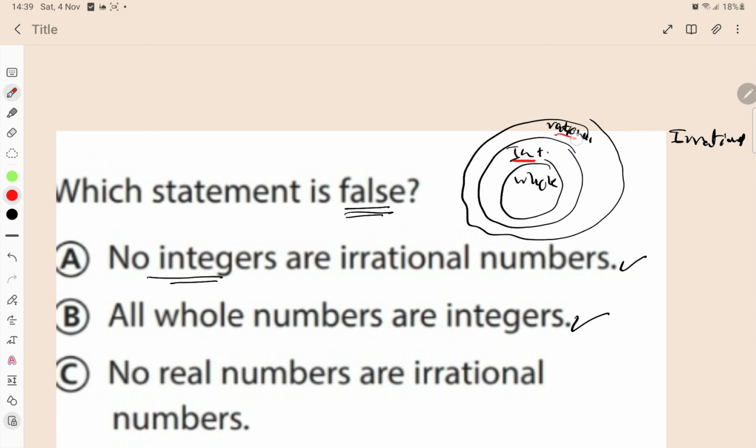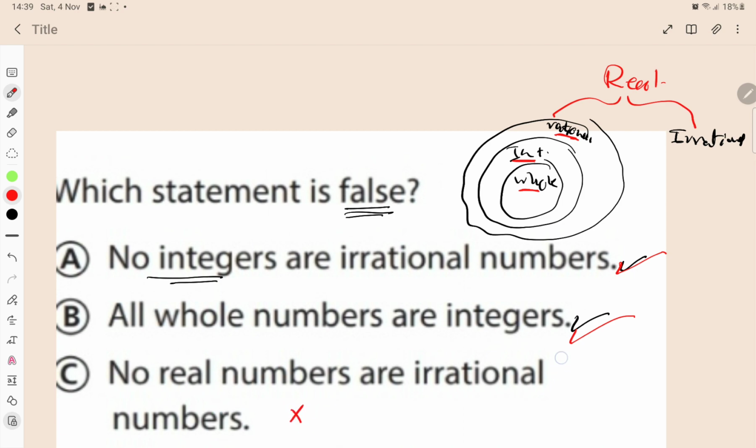So step by step, no integers are irrational. Yes, all the integers are rational, so this is correct. All whole numbers are integers. Yes, all the whole numbers are inside the integers, so this is also correct. No real numbers are irrational. The real numbers, take care, include irrational and rational.